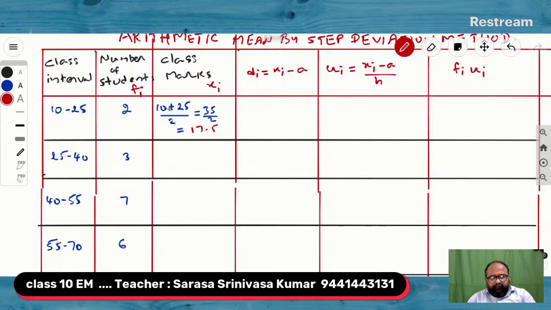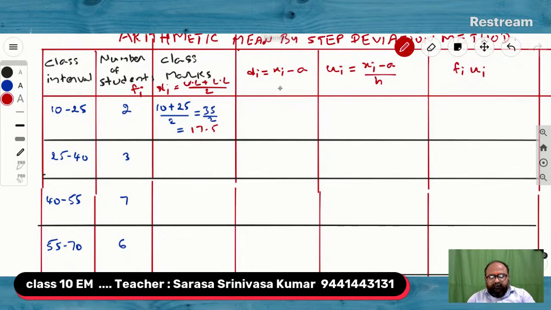So xi equal to upper limit plus lower limit by 2.